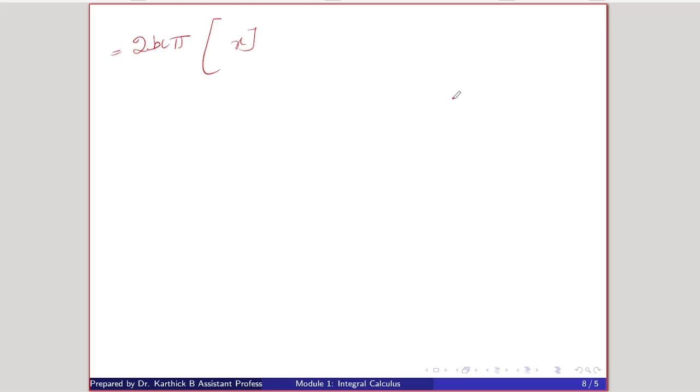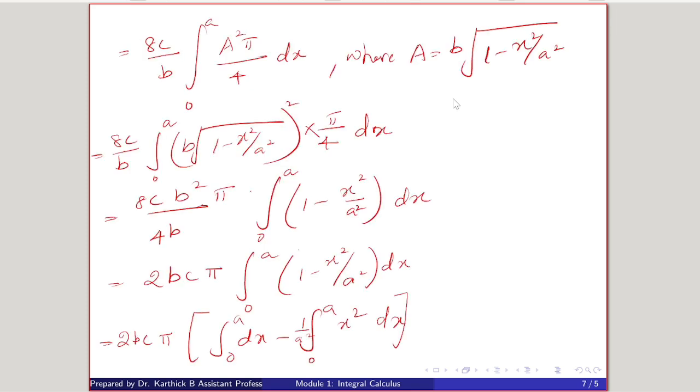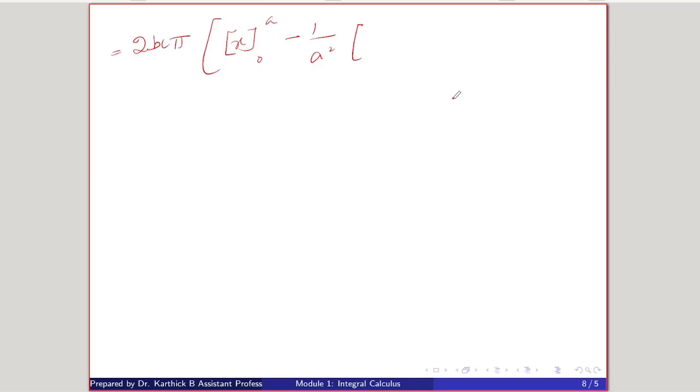and while evaluating this, 1 by a square is constant, and the integral of x square will become x cube by 3, 0 to a.